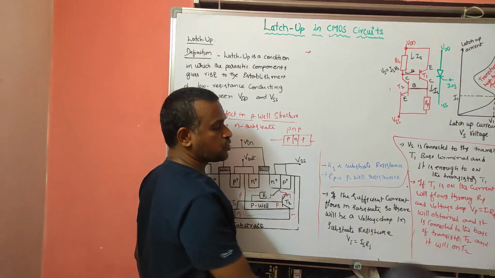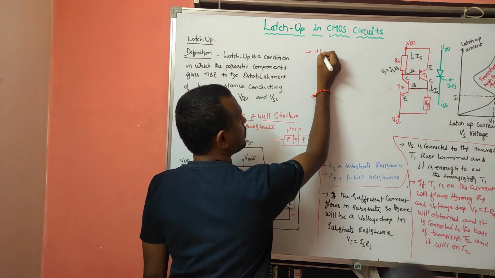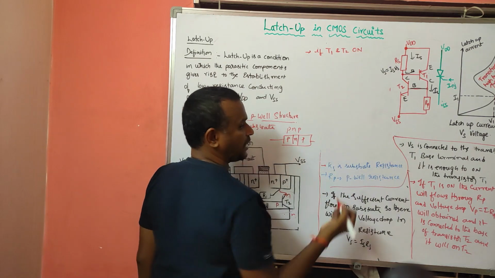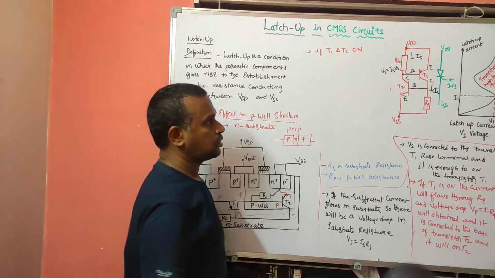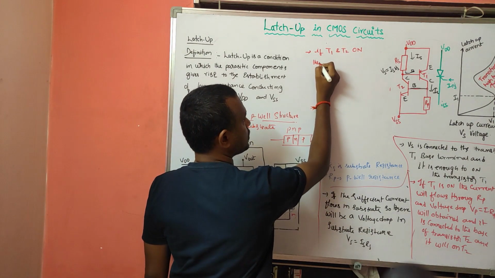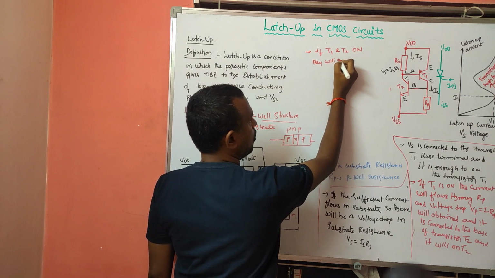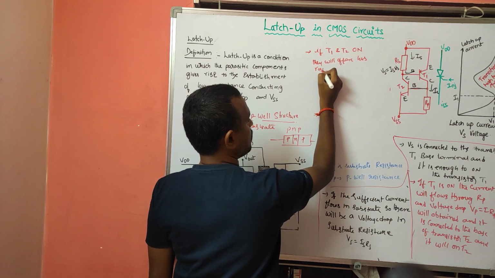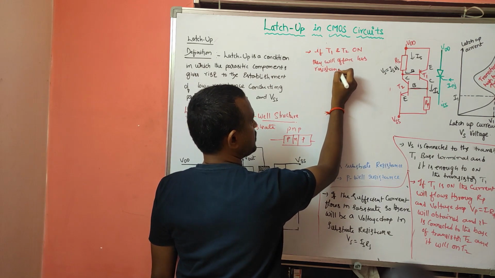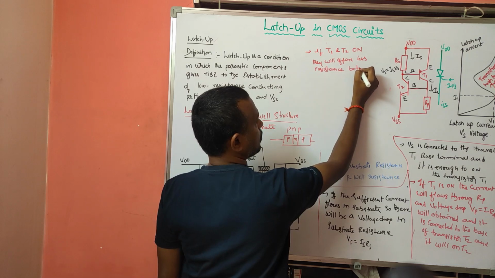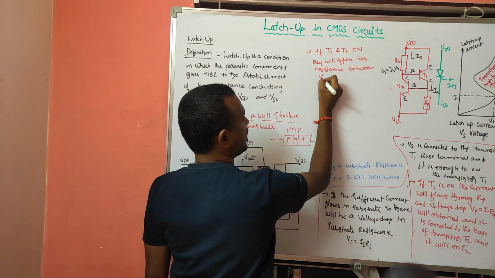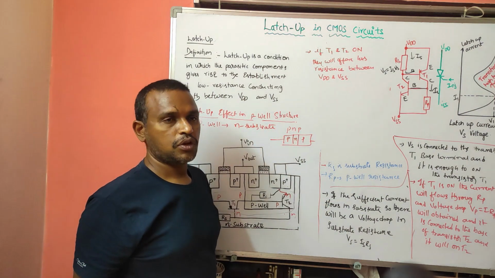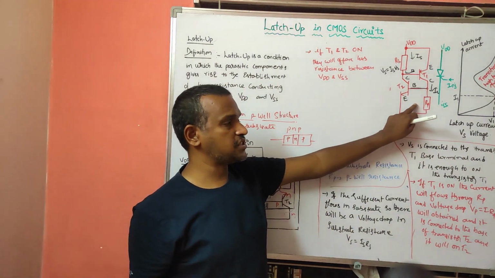So if the transistors T1 and T2 are on, they will offer less resistance between VDD and VSS. This transistor is on and this transistor is on.